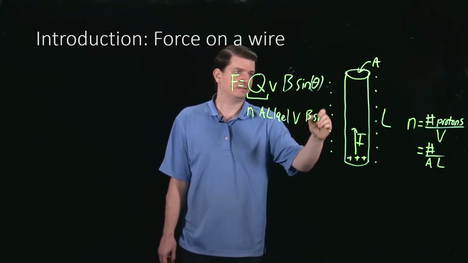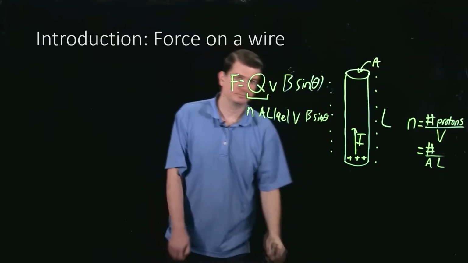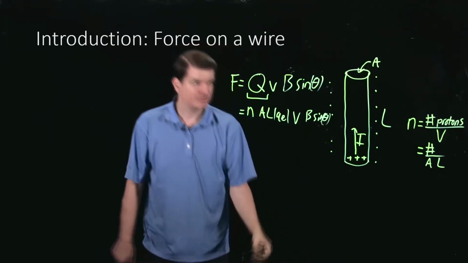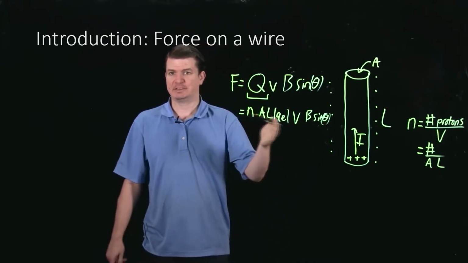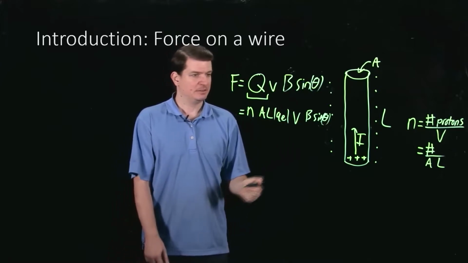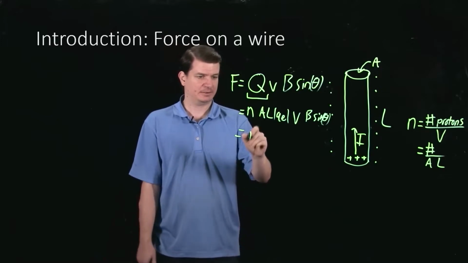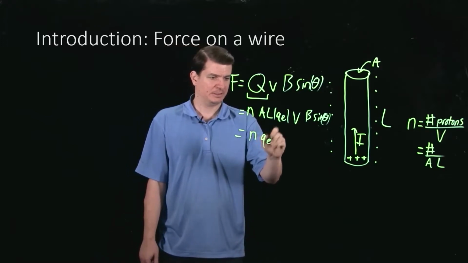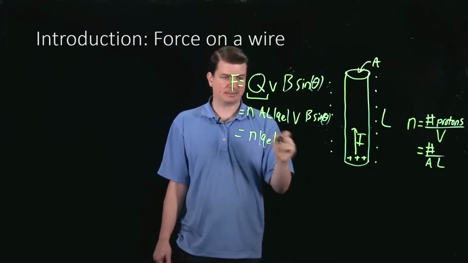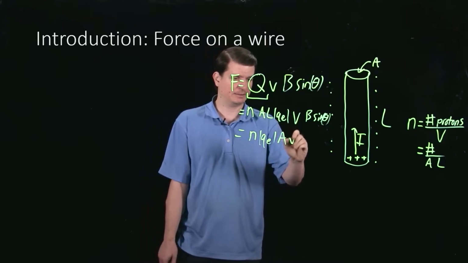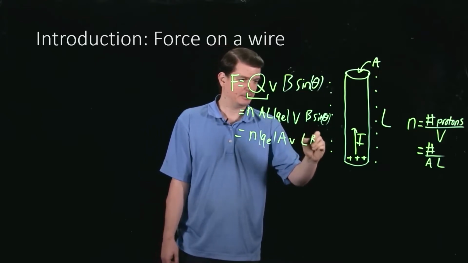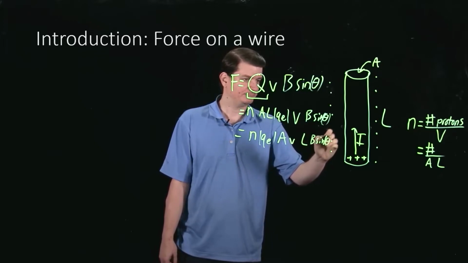And then there's a B sine theta. So this form of the expression doesn't seem all that useful, not all that intuitive perhaps, but let's just rearrange to make it something slightly more friendly. So we'll do n times q_e times A times v. Then we'll put our L, B sine theta.